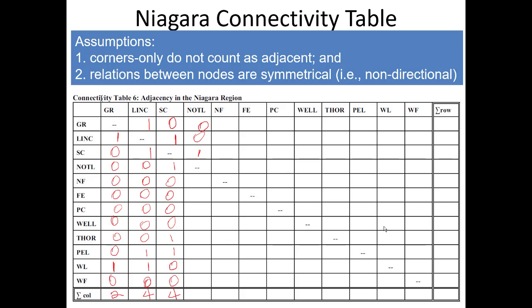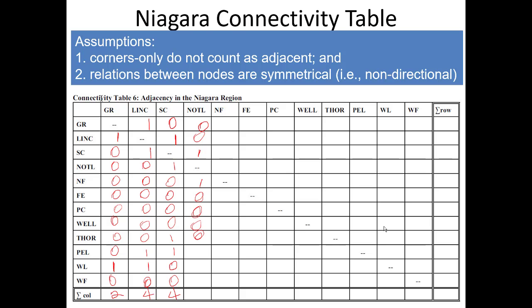So Niagara-on-the-Lake, does it border Niagara Falls? Yes, it does. The southern border of Niagara-on-the-Lake is the same as the northern border of Niagara Falls. Fort Erie does not share a border. Port Colborne does not share a border. Welland, nope.